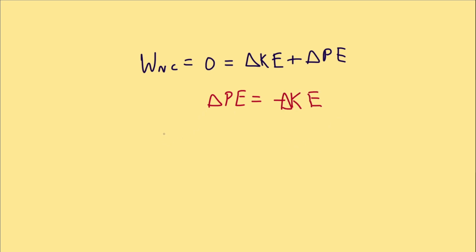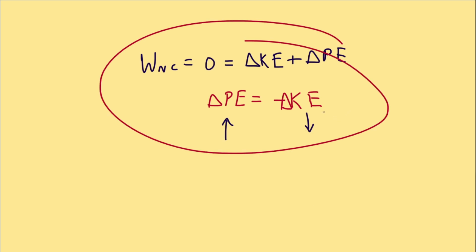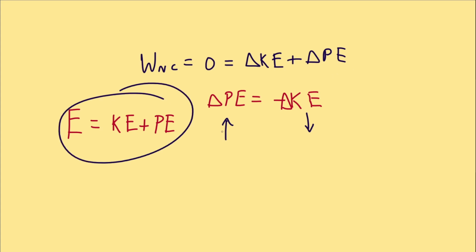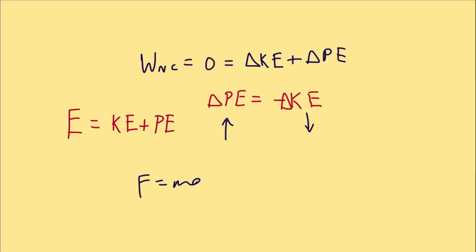This means that as kinetic energy goes up, potential energy goes down. And as potential energy goes up, kinetic energy goes down. And this is very useful in a lot of scenarios. The equation that we explored earlier, which is E equals KE plus PE, oftentimes, it's easier to use this than to use Newton's laws or the kinematic equations.